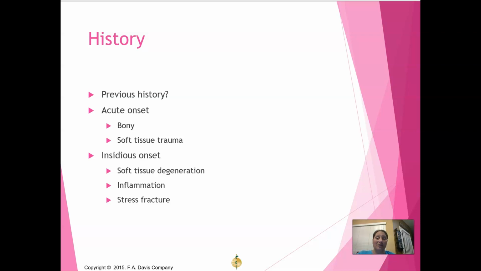One thing specifically with the foot, when we are asking history, I want to make sure we have the athletes or our patients bring in their shoe attire. Okay, so if it's tennis shoes, cleats, whatever the case may be, we want to ask how old they are. If they're super new, maybe they're trying to break it in.